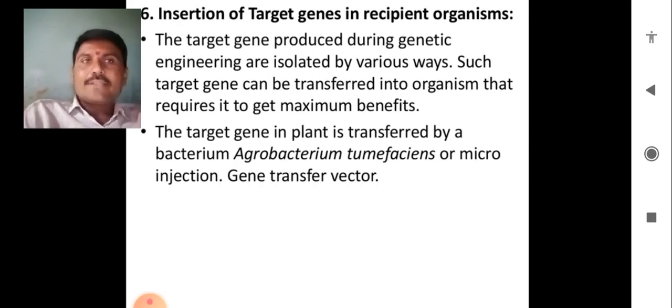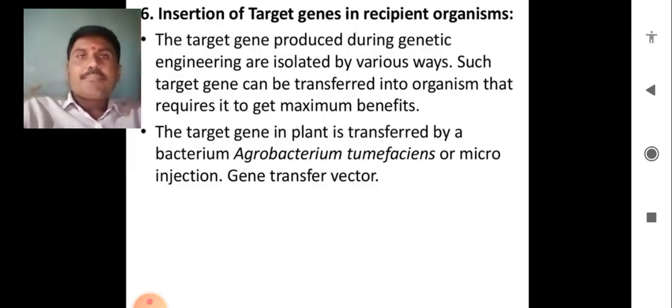The insertion of the target genes in the recipient organism means that the specific character genes we have selected are now introduced into the particular organism in which we desire to have changes, such as plants or animals.